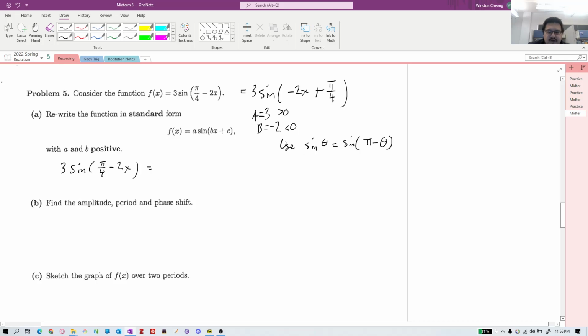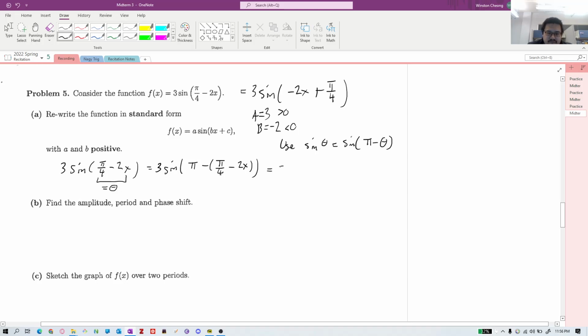What this is saying is we can replace our angle, but we'll keep the stuff in front the same. So 3 sticks around. We still have sine. But now we can negate this angle, so we have pi minus theta. This was our original theta. We will minus that whole thing, so we end up with this expression. Let's simplify this.